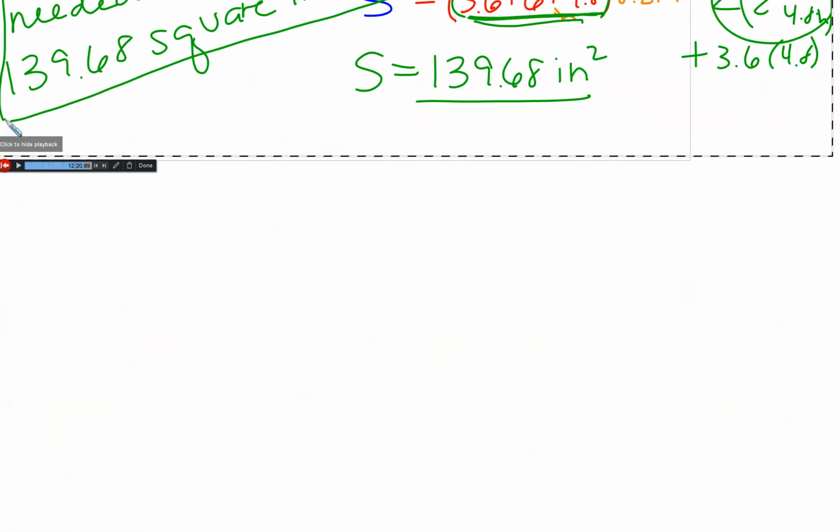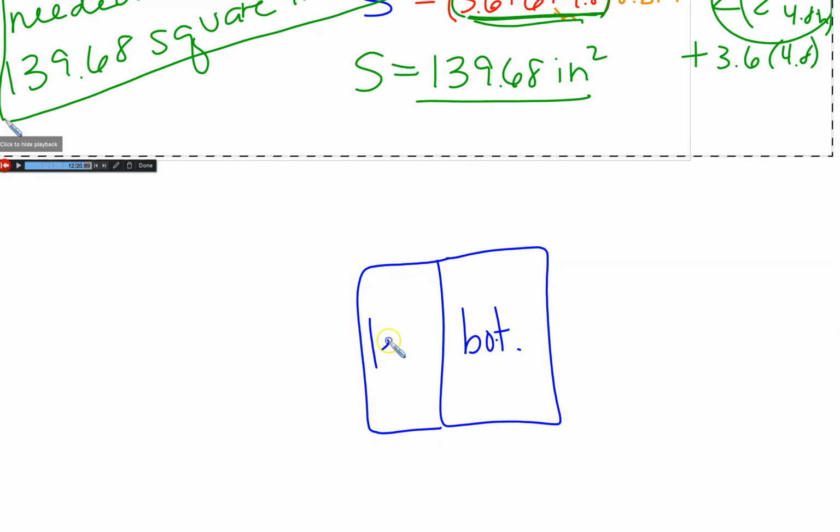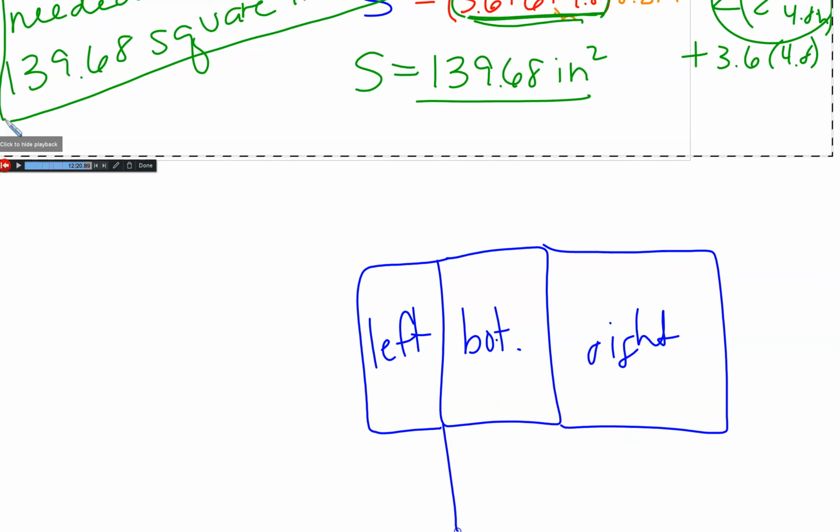So in an earlier lesson, we actually drew the net. So this would be like the bottom rectangle. And then we'd have the one that's on the left, or you can look at the back side, the right, and then we have these 2 right triangles that are the bases.